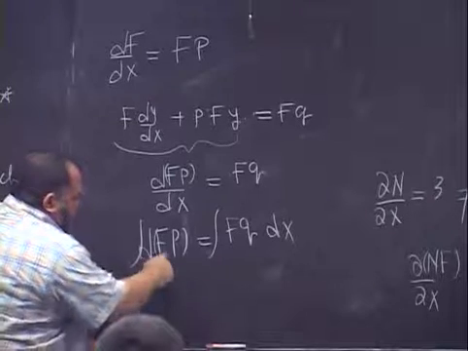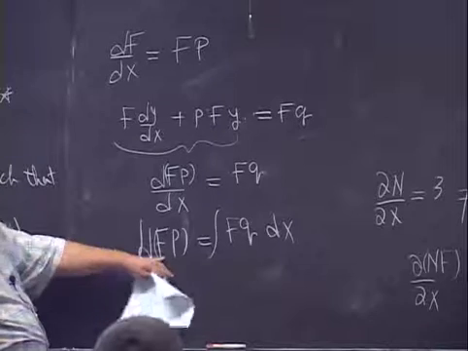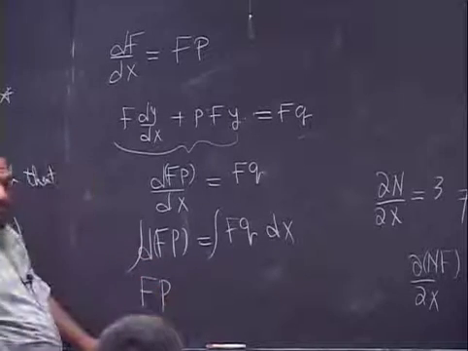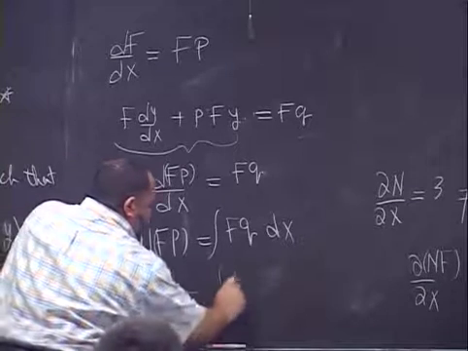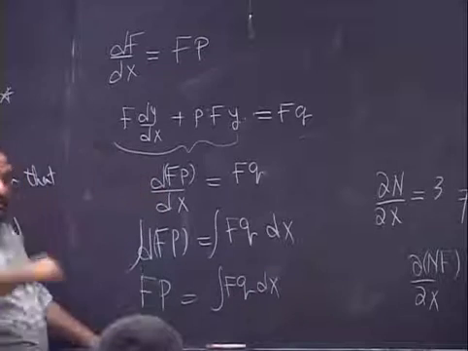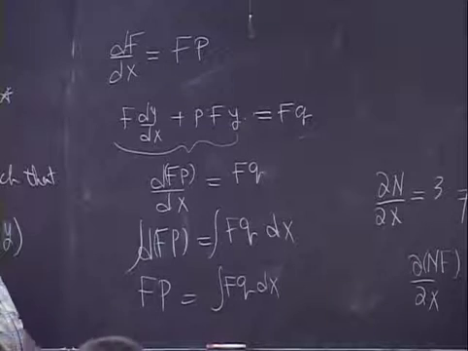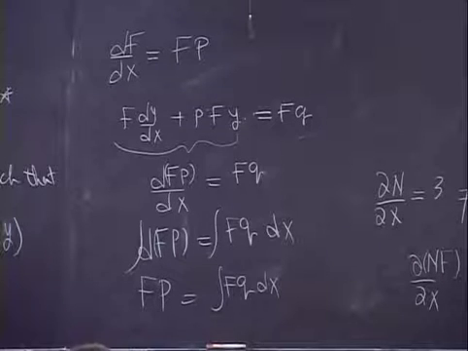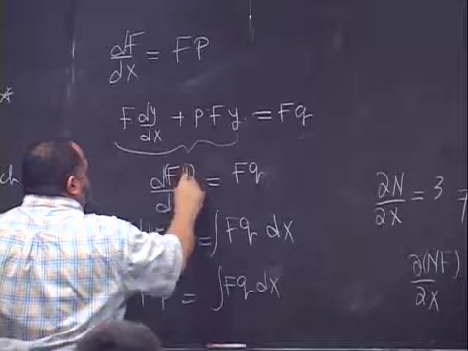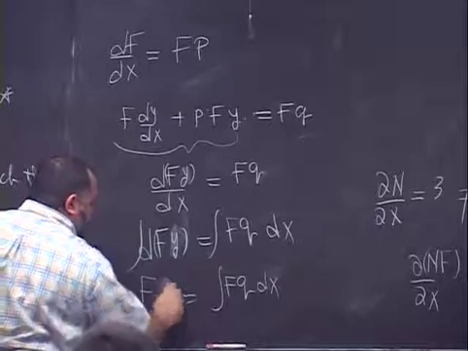So the differentiation of something, when you integrate, will give you the same thing. So this will give you fy equal to the integral of fq dx. Sorry guys, I made a mistake, I said something that does not make sense. fy is equal to this.